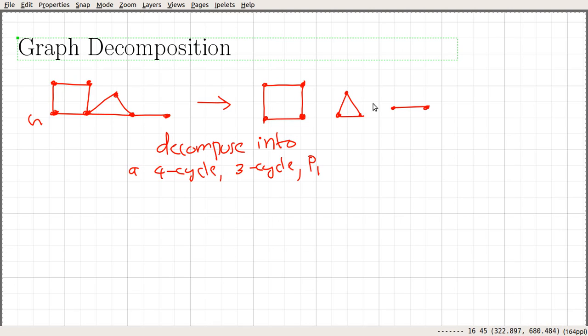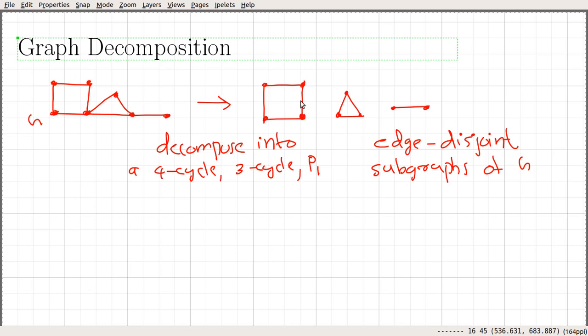The most important thing is that, in order for a decomposition to be valid, the subgraphs must be edge disjoint. If you look at this decomposition, we have a 4 cycle, a 3 cycle and a path on 2 vertices, and these 3 subgraphs are edge disjoint.